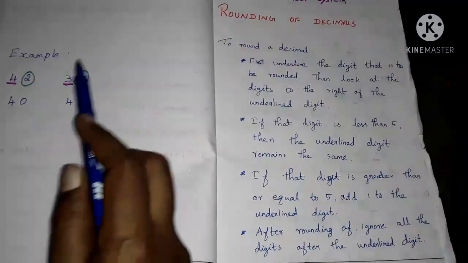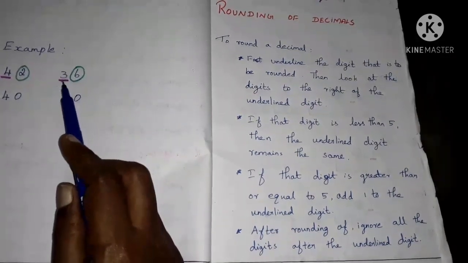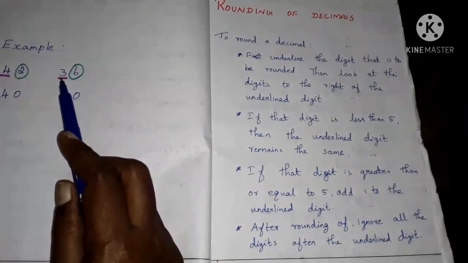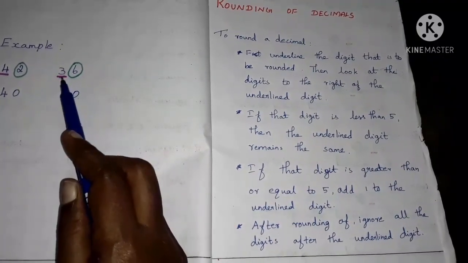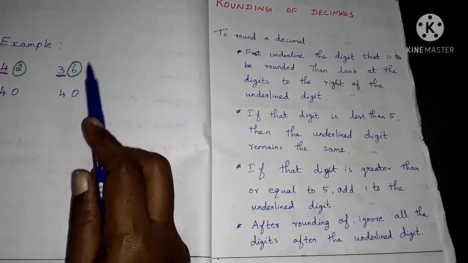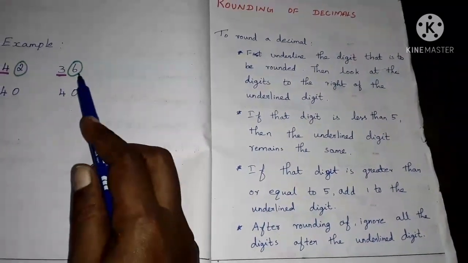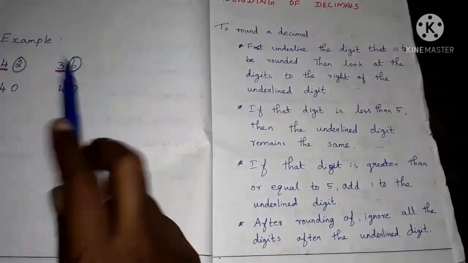Second example. Now I took 36. Underline the digit 3. First we underline the digit, then look at the digit on the right. Is it less than 5 or greater than 5? We cross out the first rule, since it is greater than 5.